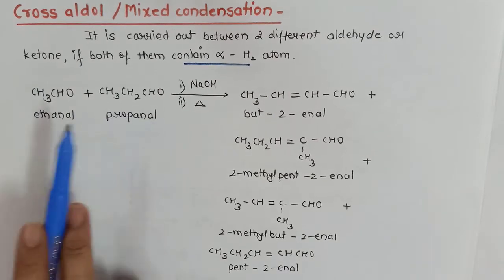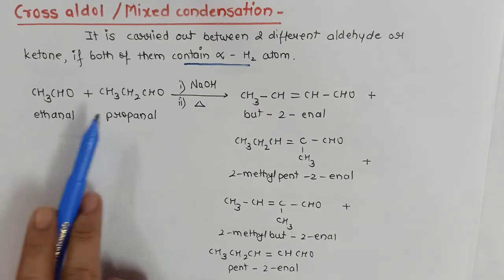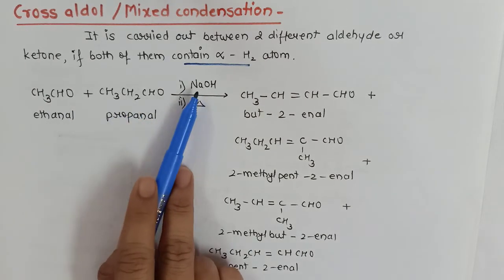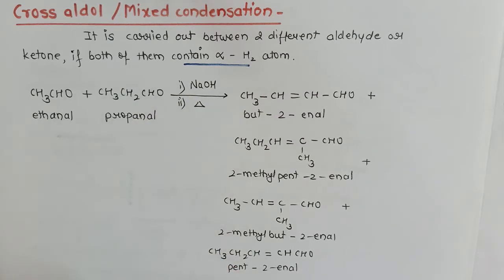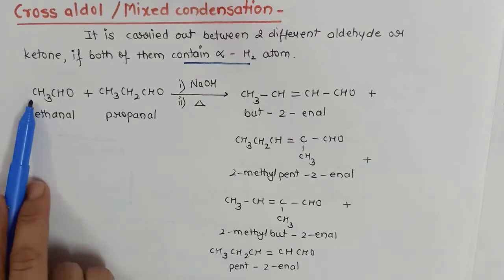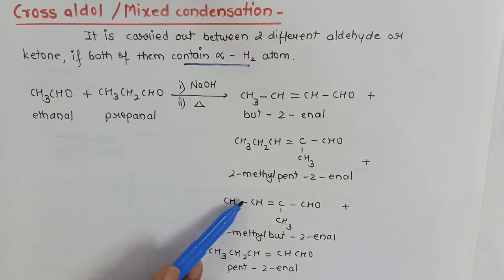Whenever 2 aldehydes or 2 ketones or 1 aldehyde and 1 ketone or 2 different aldehydes are treated with each other in presence of any alkali, it will be a condensation reaction, either aldol condensation or cross aldol condensation. So here, since we are taking 2 different aldehydes, we have got 4 different condensation products.